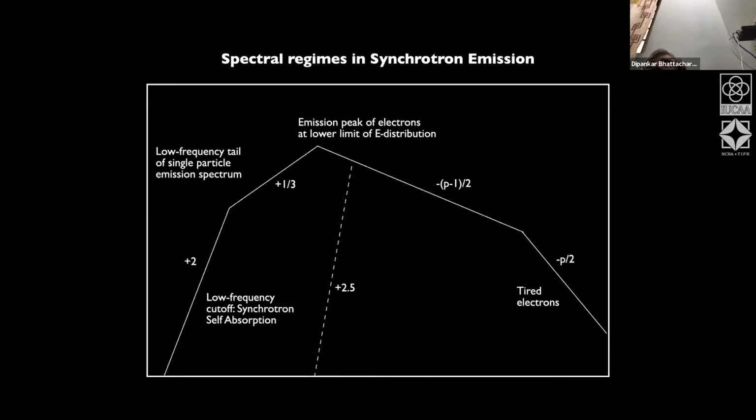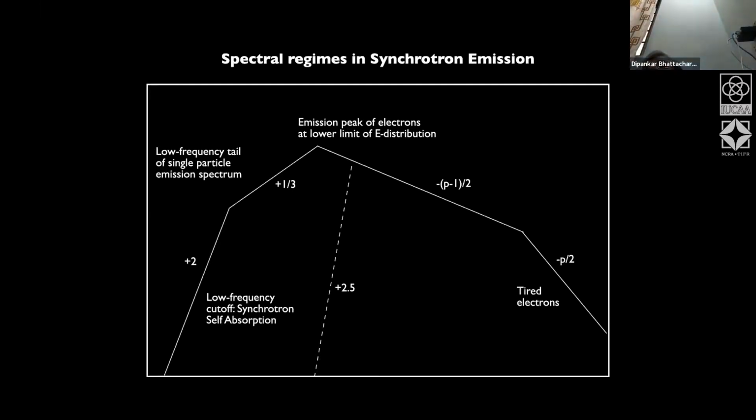And if the source becomes optically thick, the nu to the power of minus (p minus 1) by 2 spectrum will then transform into a spectrum where the slope is equal to that of the source function. Here the source function is not a black body, but it has a slope of nu to the power of plus 2.5, and it's the dashed line which shows the optically thick part of the emission.